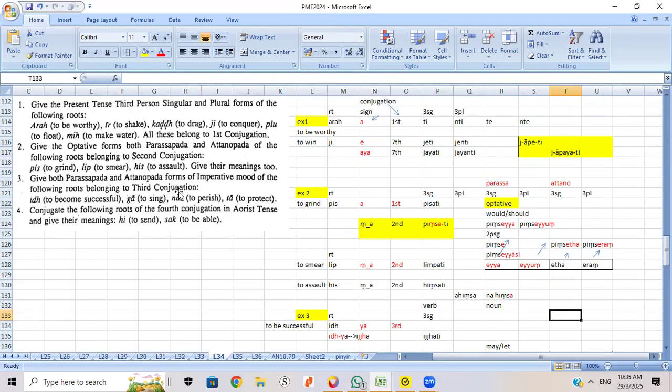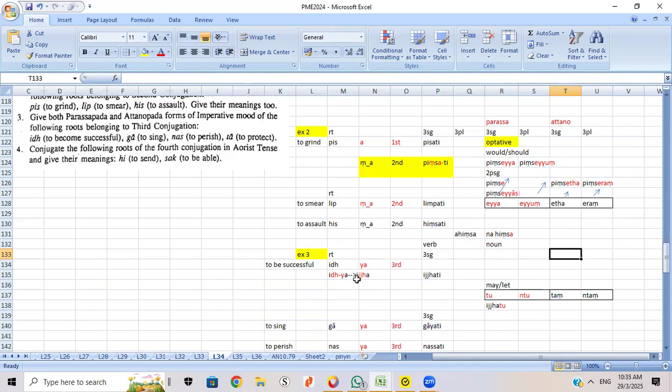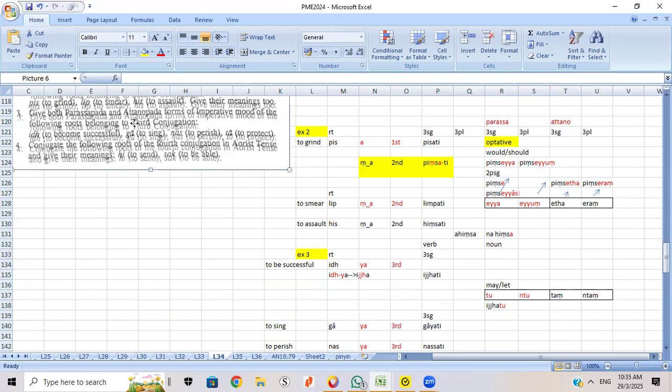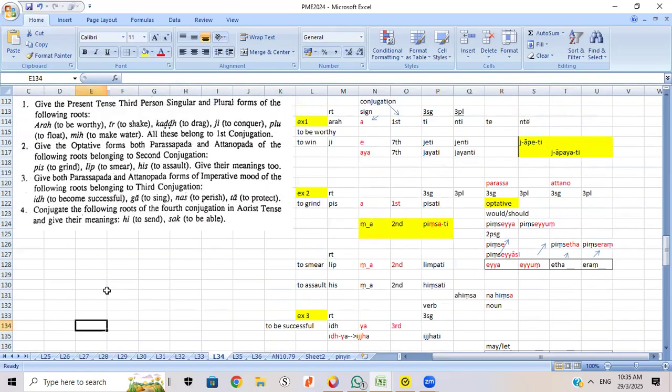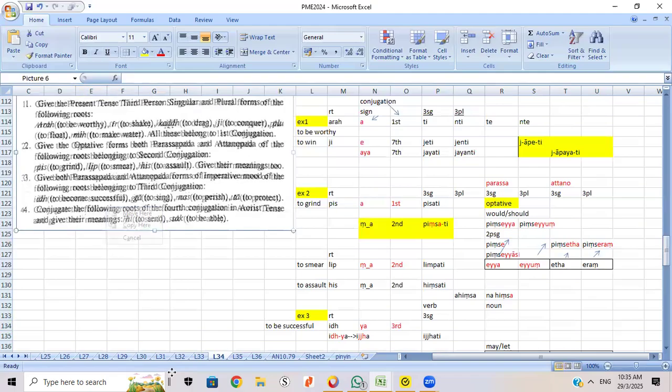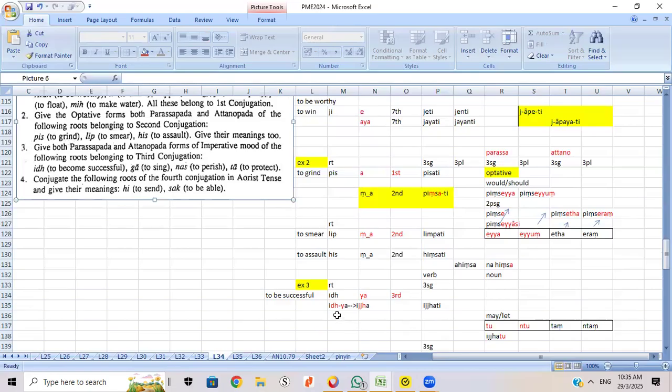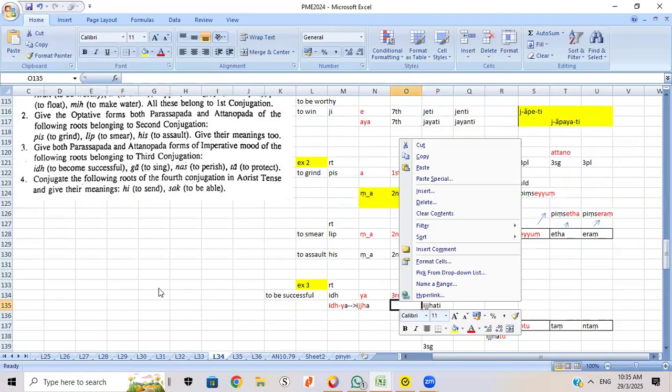Number 3, imperative mode, third conjugation. When you say third conjugation, it is a lot easier. The word here is ish, to become successful. Can you see? So the rule is ish plus then only the ending; the t we don't have to put.